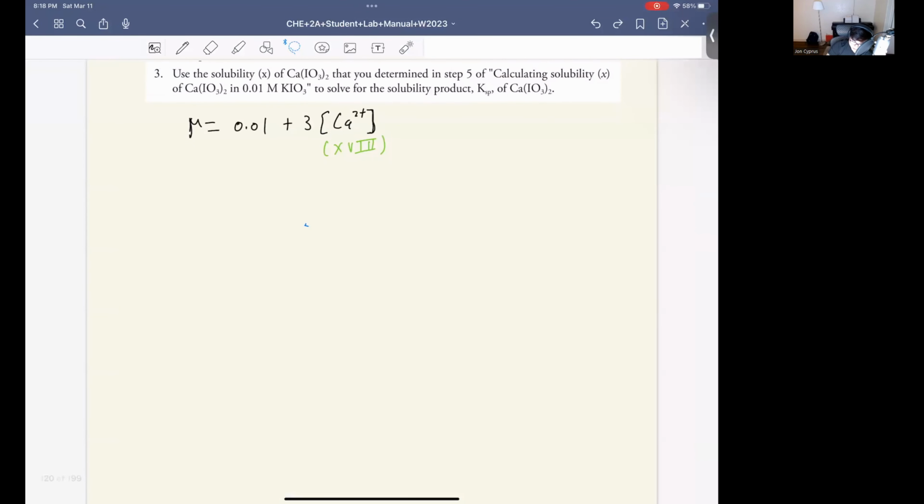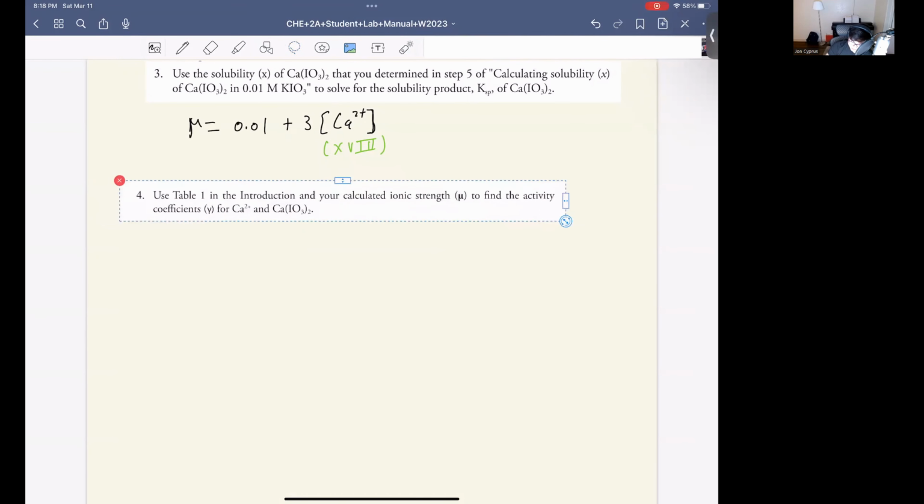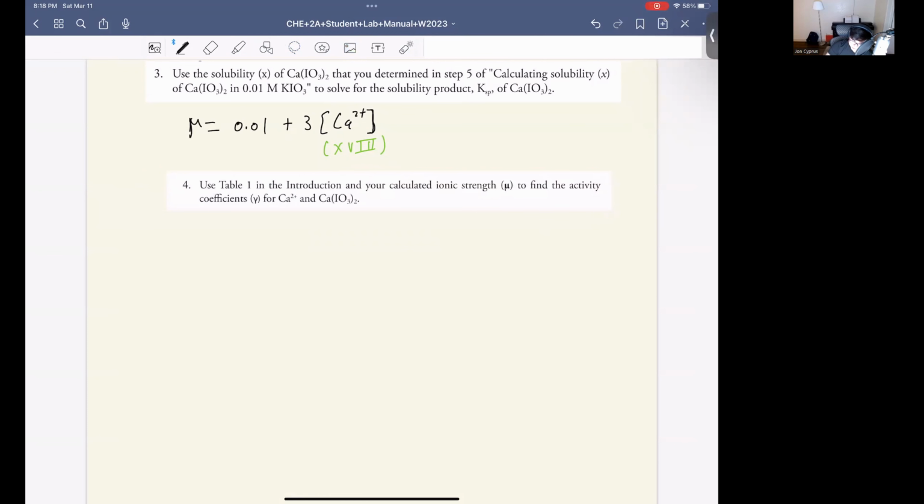Now you are going to do the exact same thing that we did for the last solution. This mu, I'm going to label as 19.